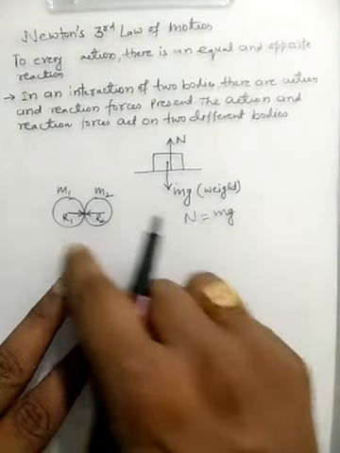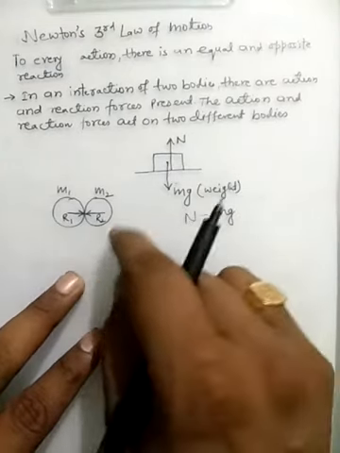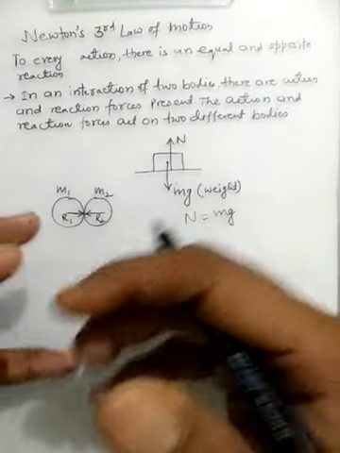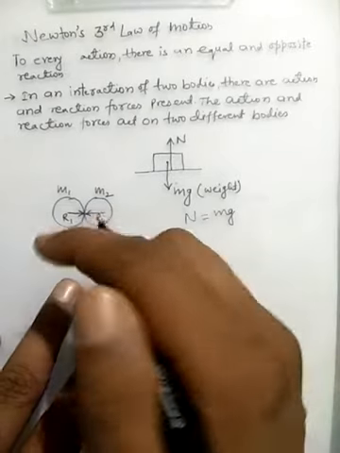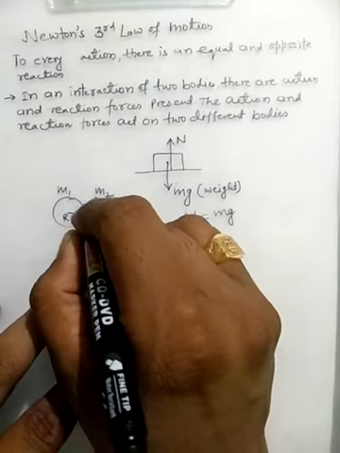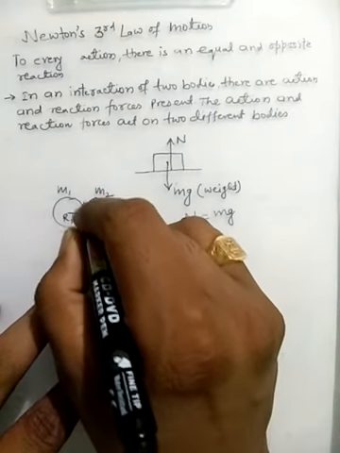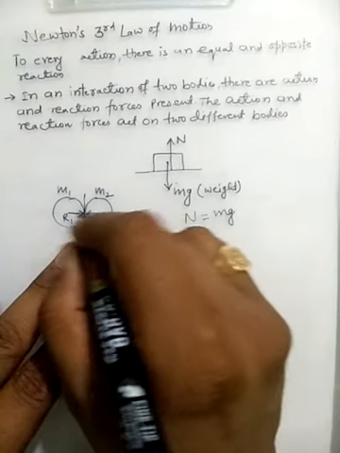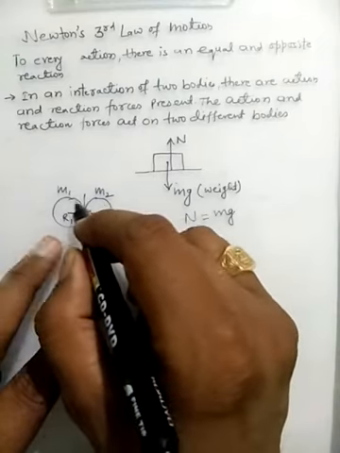Now here is the second example in which two balls of different masses m1 and m2 are in physical contact with each other. Then at the contact point or contact plane there are reaction forces acting on these two bodies.